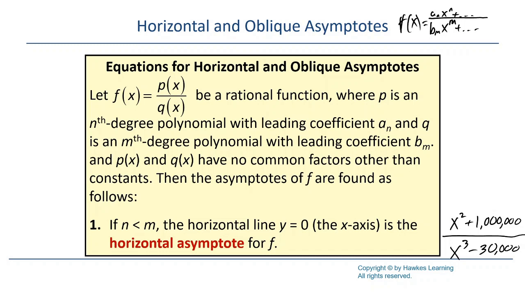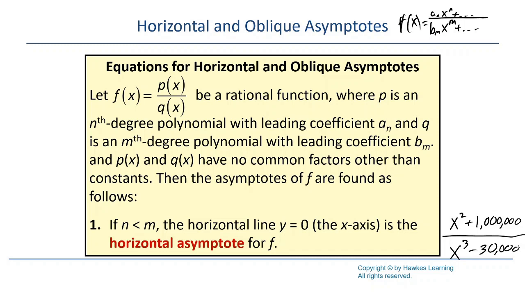Eventually the numerator will fall behind, because just because you add a million, eventually I'm going to be cubing numbers like a million. If I cube a million and subtract 30,000, that's eventually going to win out over squaring a million and adding a million.